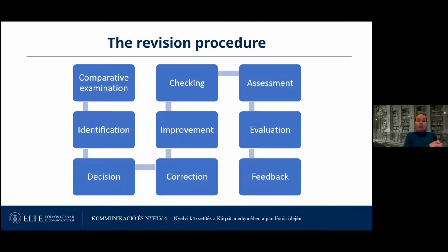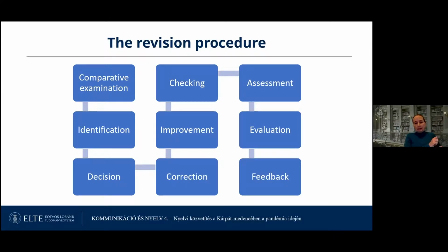Then the correct correction needs to be employed. So the correct modification needs to be employed, so no new errors are introduced. Either correction or, as we saw before, improvement can also be introduced. When the reviser has done the modification, they need to check whether through the modification new errors were introduced into the text, and need to follow up their own modification in the text.